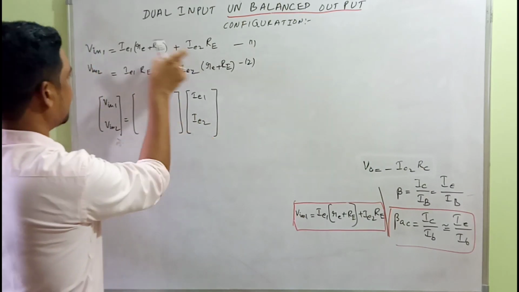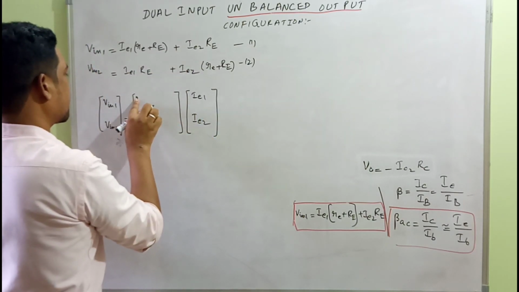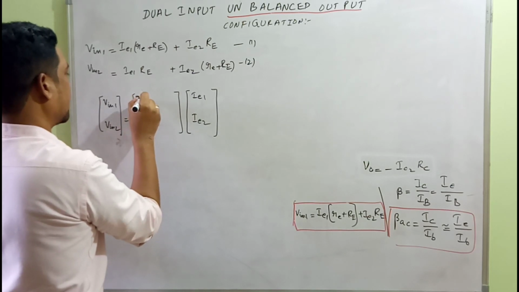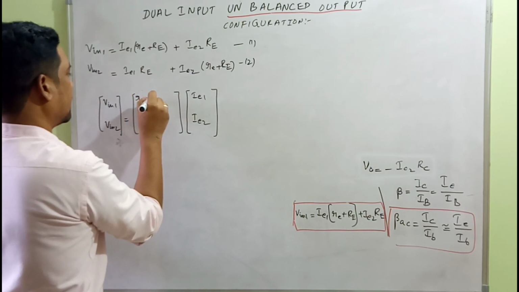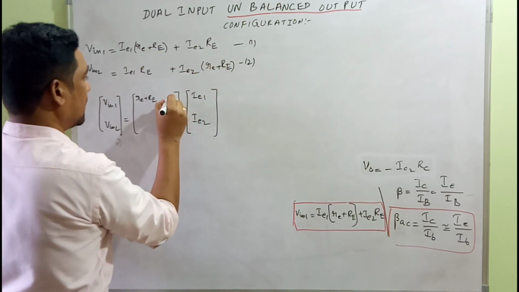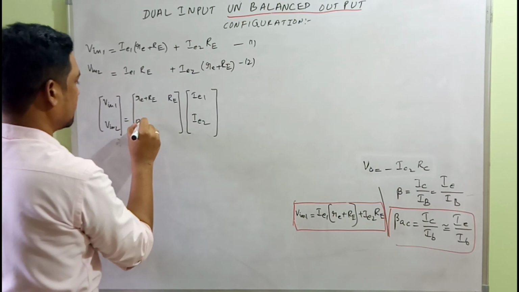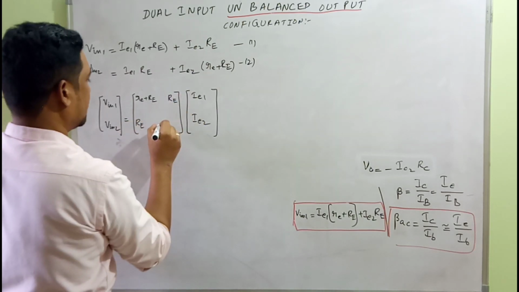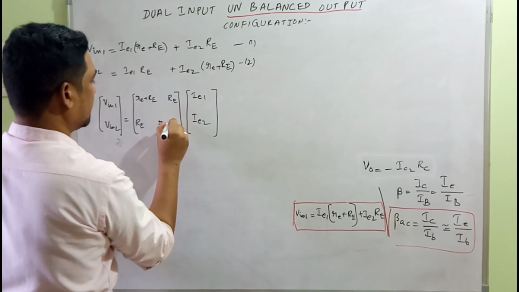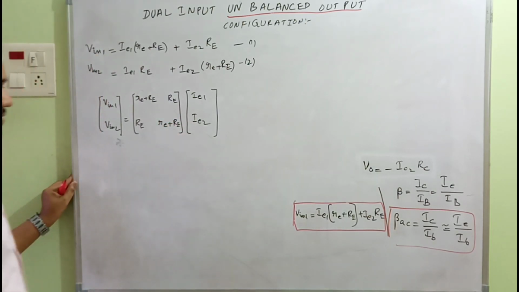And these resistances come down as they are. What are those? It's RE plus RE. This comes over here and this comes over here. This is RE, and here it's RE, and it's RE plus RE. Now this is the matrix.